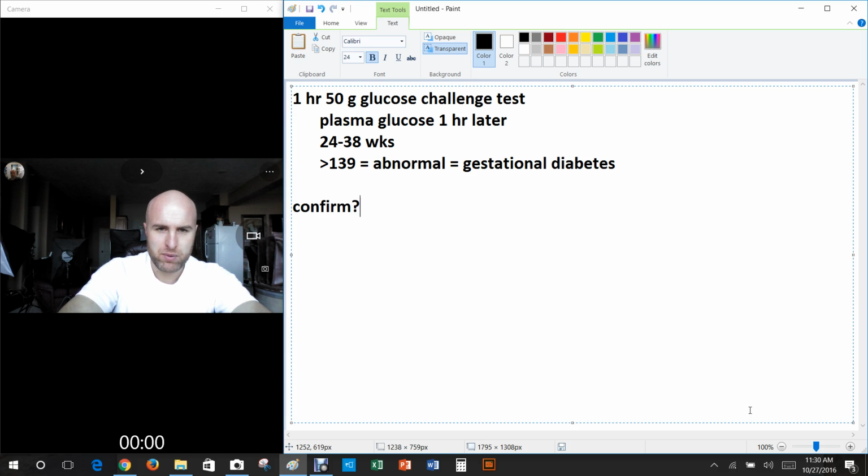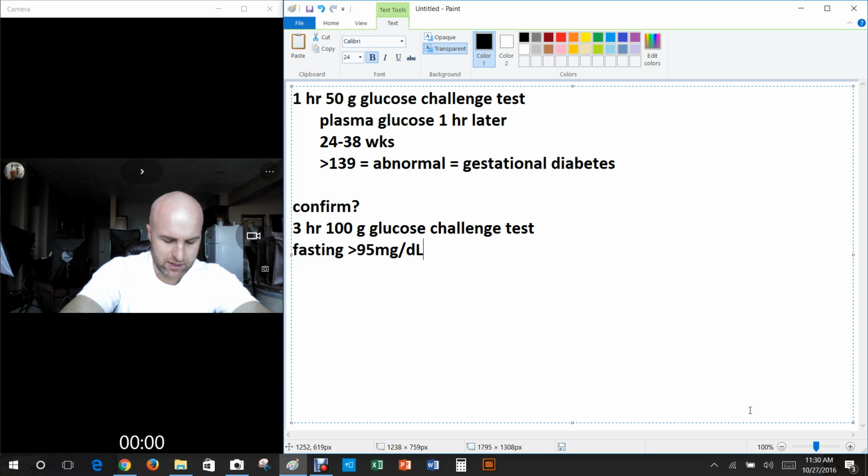How are you going to confirm it? You're going to confirm it with something called a 3-hour 100-gram glucose challenge test. And for this one, pretty descriptive as to what happens. The person comes in fasting. Their fasting should be 95 milligrams per deciliter.